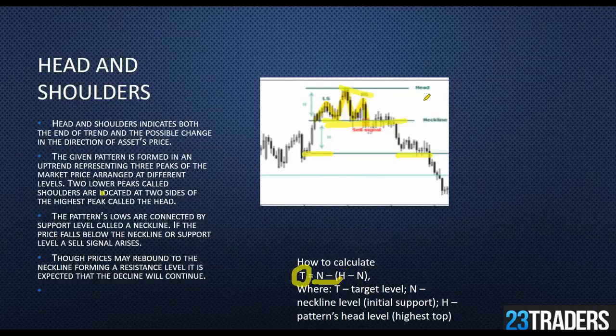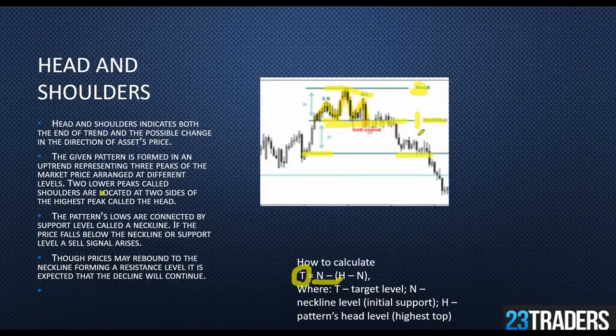So if we were to say, let's give the neckline here a rating of 1. Let's say the head is 2, but it would actually be the price. You would look for the actual price at which the head was formed, and the actual price at which the neck formed.